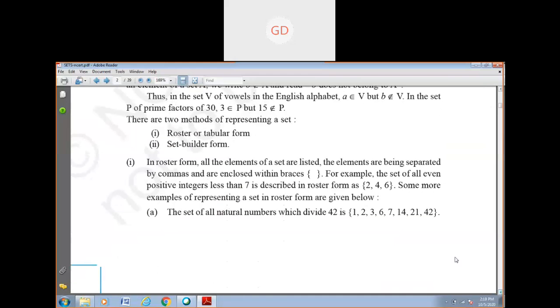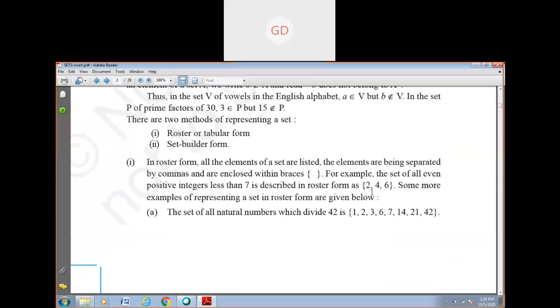Here you see in number one, in roster form, and not only in roster form but in both forms, the second bracket is compulsory. Whatever elements or objects we want to express, we must write within the second bracket. Within the second bracket, three elements are written: 2, 4, 6.